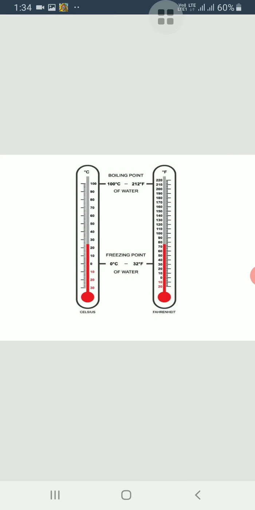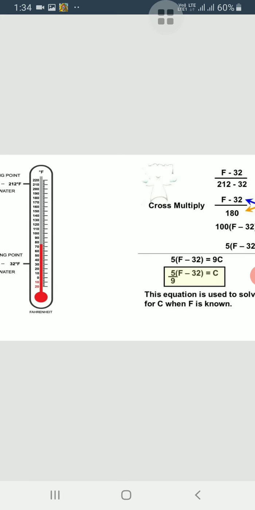You can see the difference here. The lower fixed points and the upper fixed points, the boiling points and the freezing points of the two scales are different.